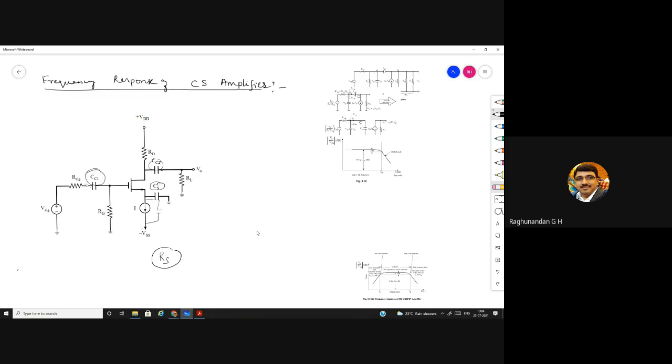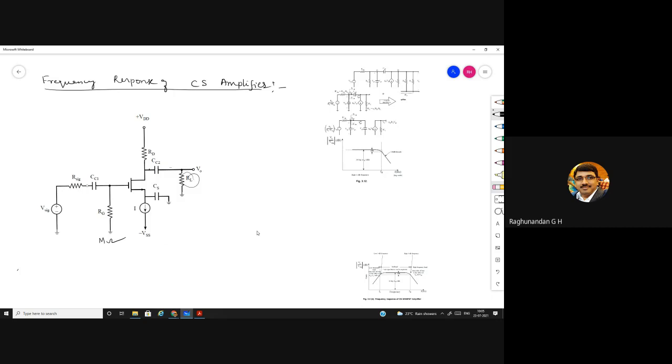Since RS is not added here, we write it in this form, because if you consider that capacitance also, its reactance will be ignored because the other terminal is short circuited to the ground. Now this is known as the bypass capacitance, and these two are known as the coupling capacitances. And we are connecting an external gate resistance, which will usually be in terms of mega ohm, and the load where we want to observe the output will be connected across the output.